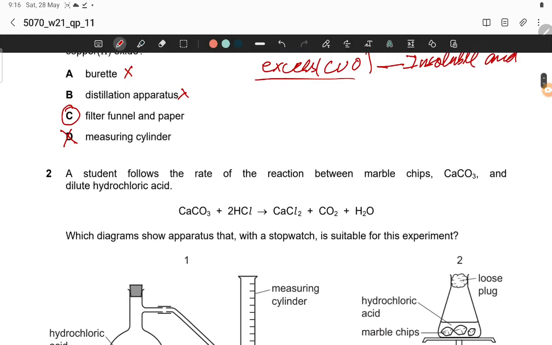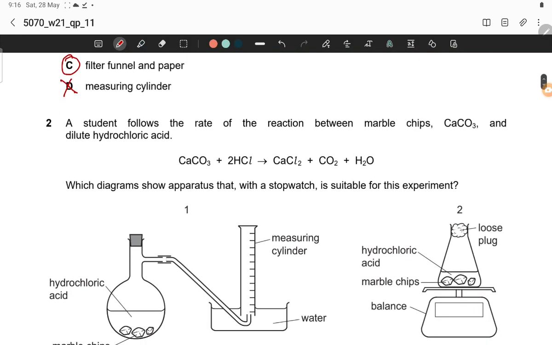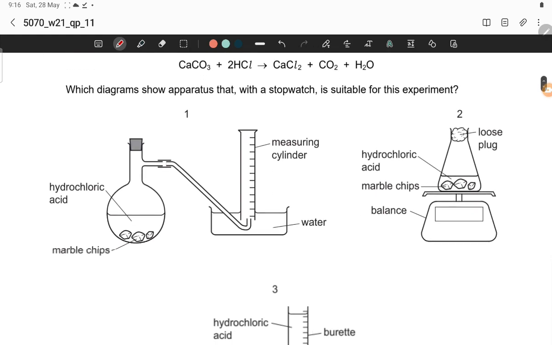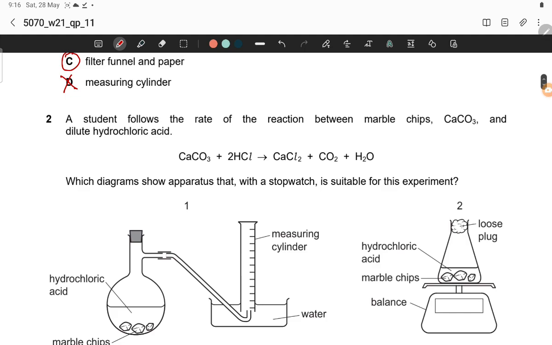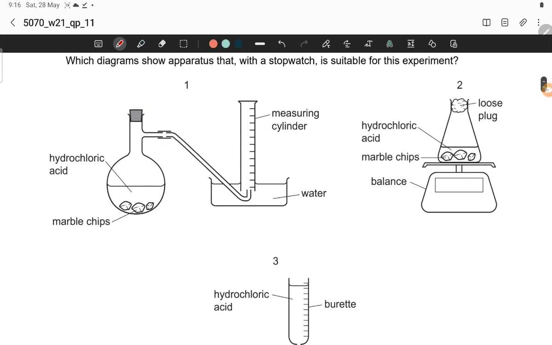A student follows the rate of the reaction between marble chips, calcium carbonate, and dilute hydrochloric acid. Which diagrams show apparatus that, with a stopwatch, is suitable for this experiment? This is marble chips and this is hydrochloric acid.